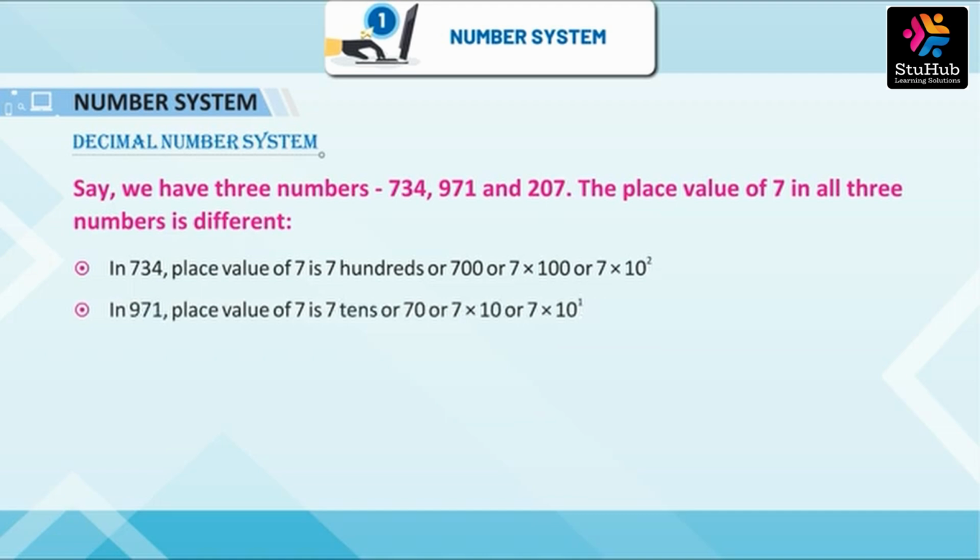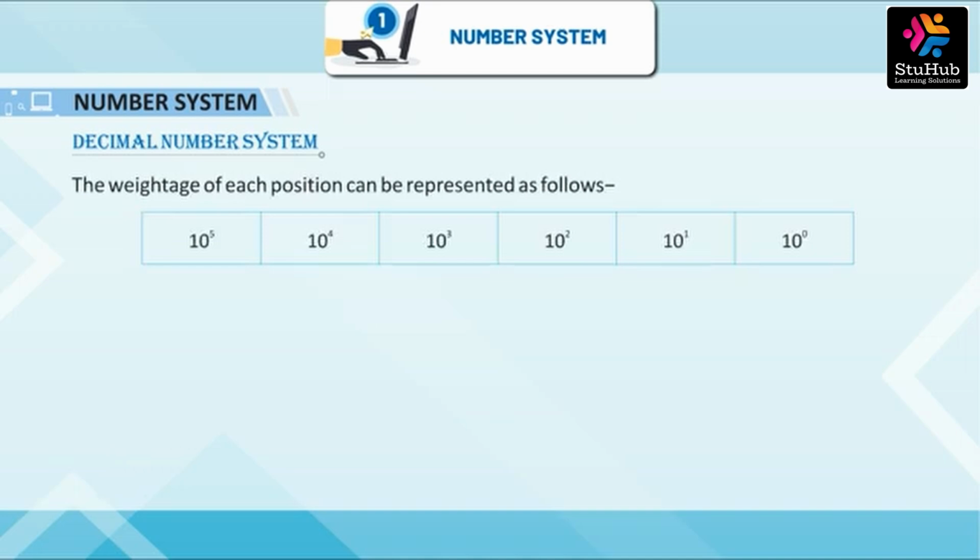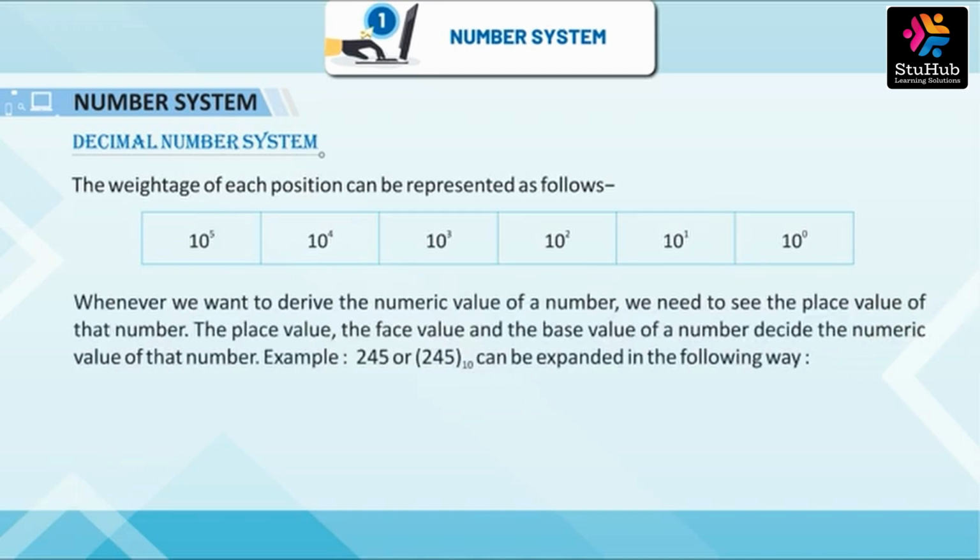In 971, place value of 7 is 7 tens or 70 or 7 multiplied by 10 or 7 multiplied by 10 to the power 1. In 207, place value of 7 is 7 units or 7 multiplied by 1 or 7 multiplied by 10 to the power 0. The weightage of each position can be represented as follows.